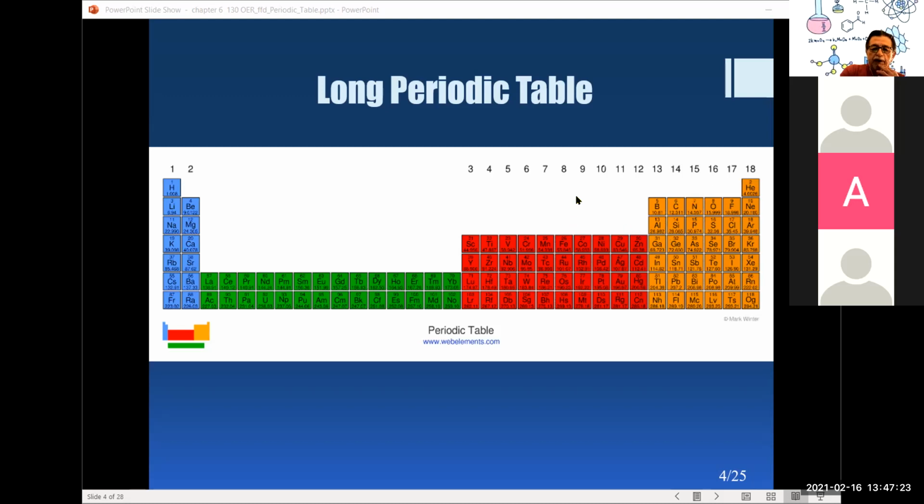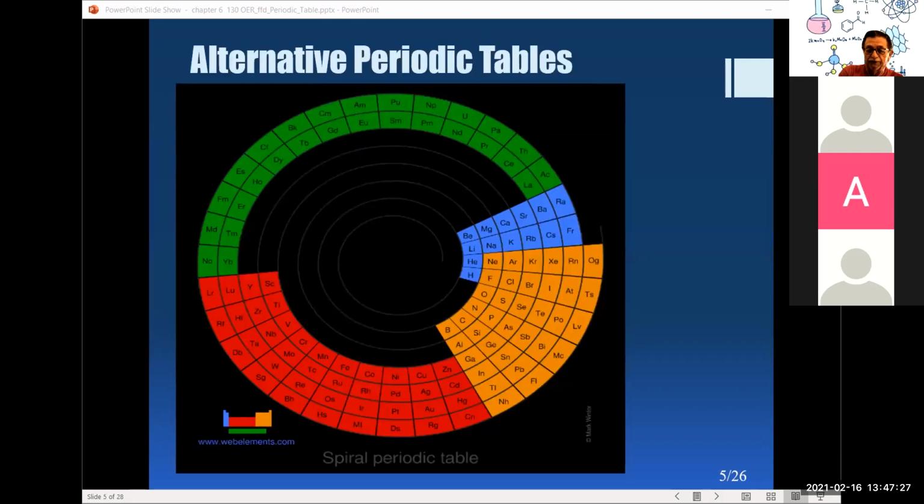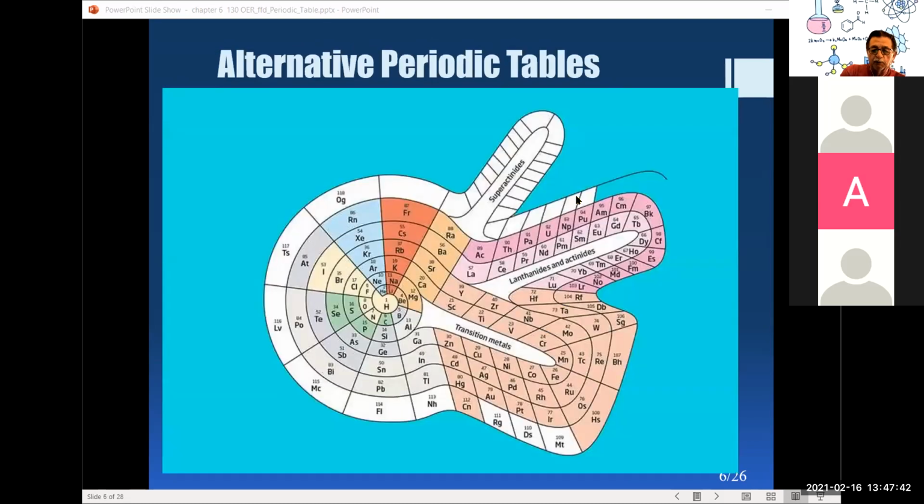Okay. Anyway, there are other periodic tables that have been proposed. This one here is a circular periodic table. You look at it as well. It does offer some advantages, but it's kind of difficult to really read and really look at. Another one is one that looks like this. In fact, this one actually predicts what are called the superactinides.